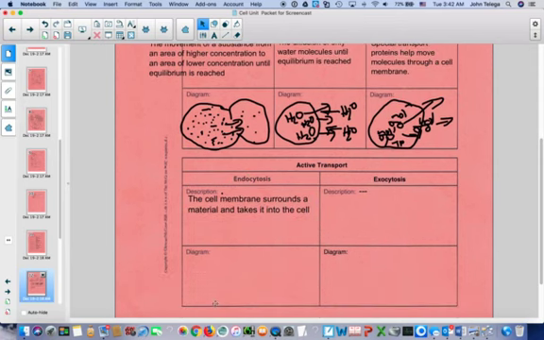And then the diagram, if you had an object, and then here the cell would kind of be surrounding it, and it would form like a mouth around it, and then it would be taking it into it, material surrounding.